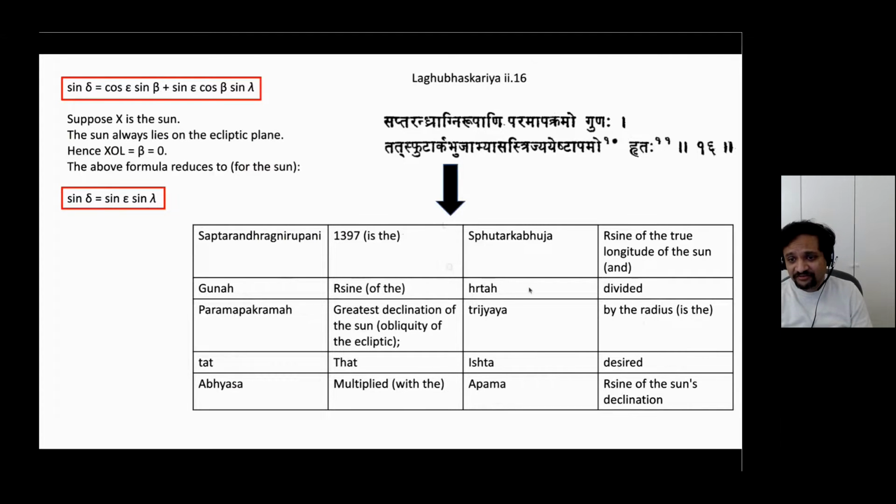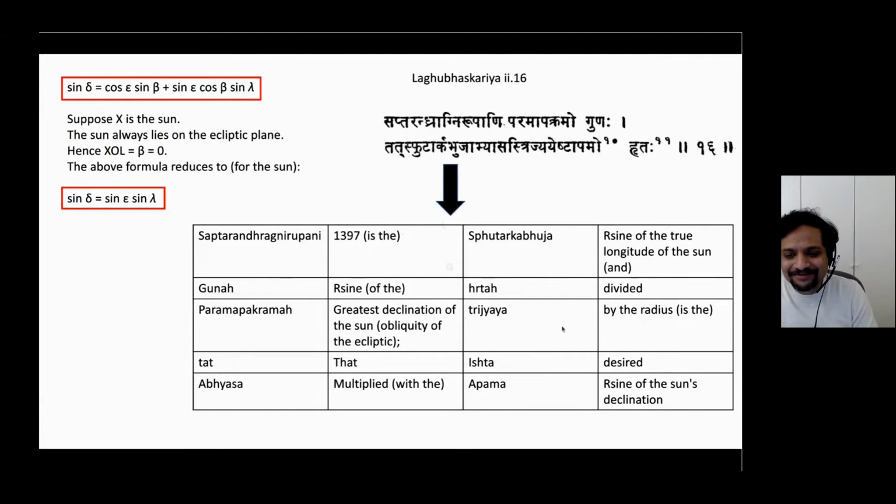The word hritaha means divided, one of the words for divided. Abhyasa means to multiply. And trigyaya is the radius. So the word trigyaya in Sanskrit, in Hindu trigonometry or astronomy, stands for the radius.